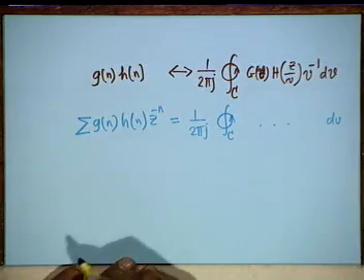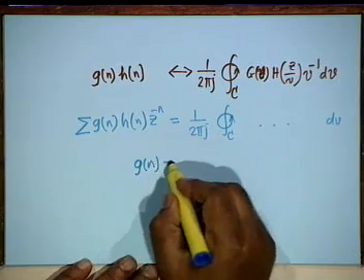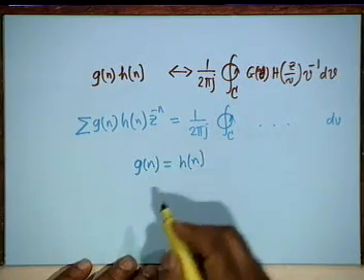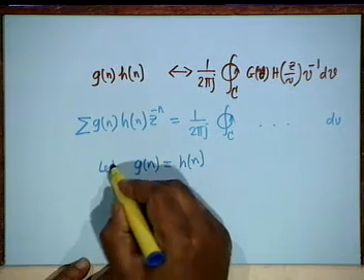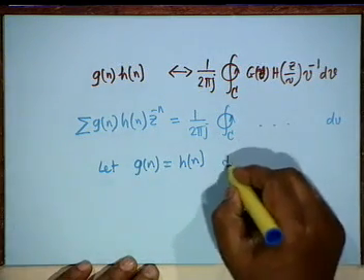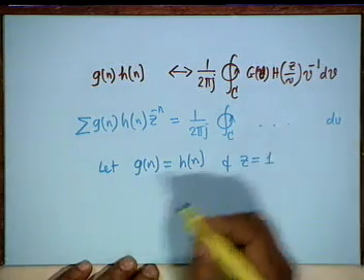In this expression, let g of n equal h of n and small z equal to 1.